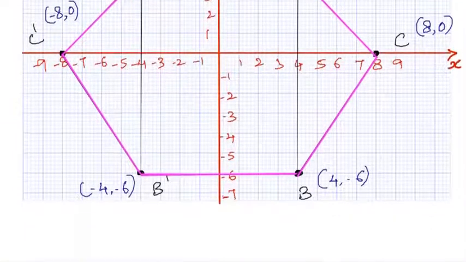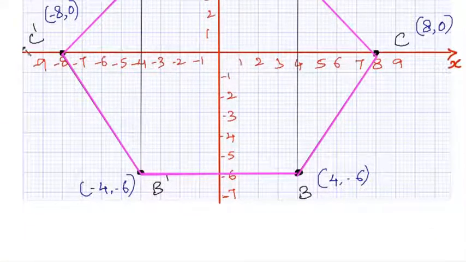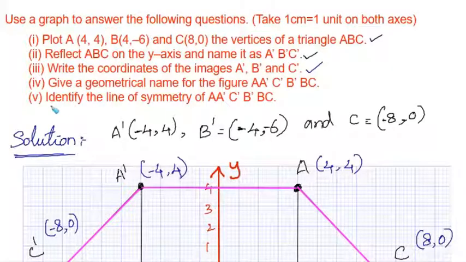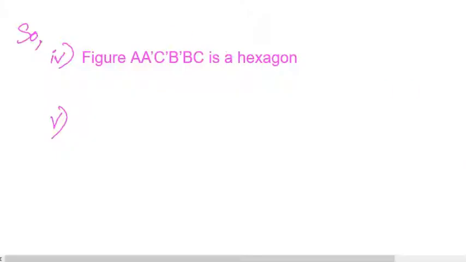So we can conclude that this is in the shape of hexagon. So the fourth point, the geometrical shape, is the hexagon. And the final point is the lines of symmetry of A dash, C dash, B dash and B. So we need to find the lines of symmetry for the hexagon.